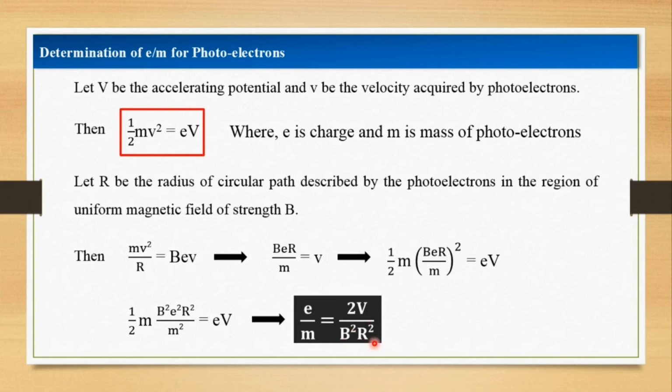By knowing the values of V, B and r, we can calculate the charge to mass ratio.